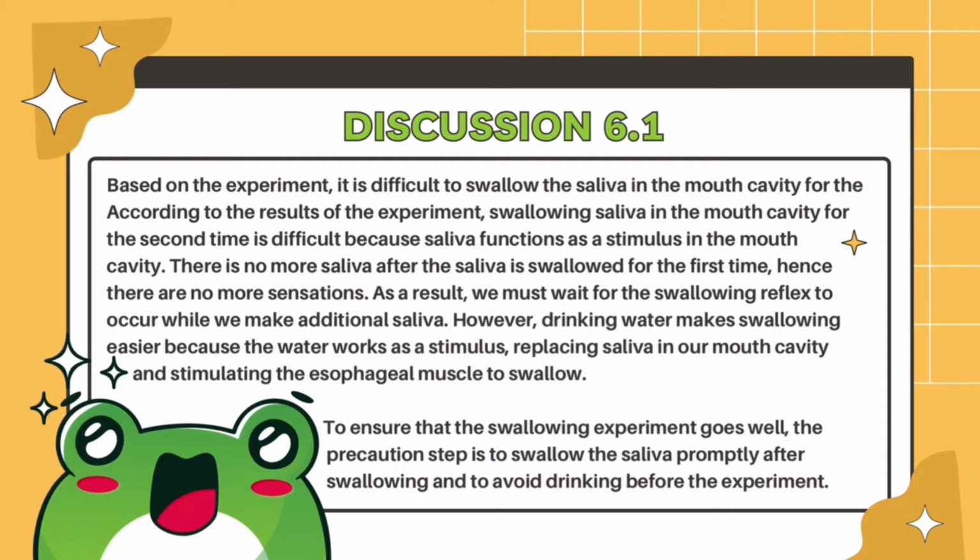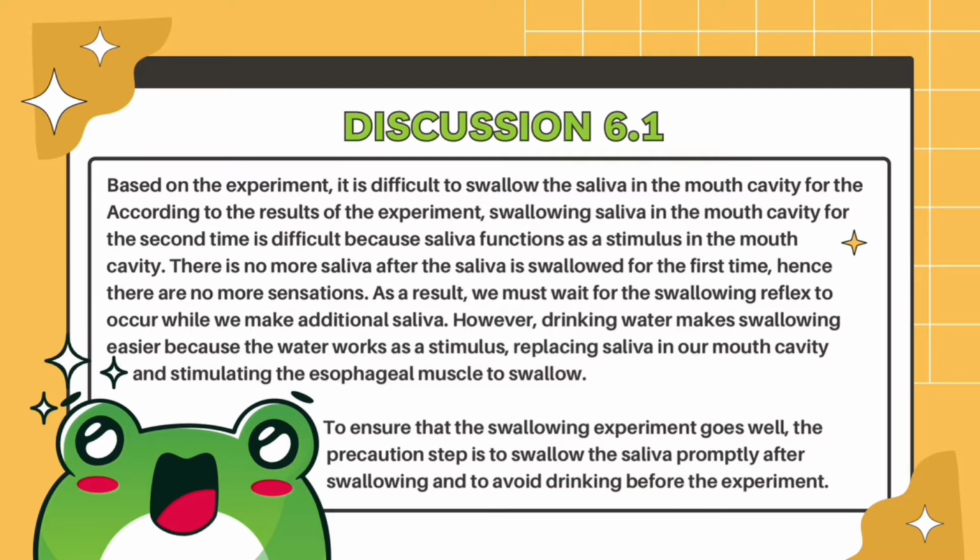For discussion 6.1, based on the experiment, it is difficult to swallow the saliva in the mouth cavity. According to the result of the experiment, swallowing saliva in the mouth cavity for the second time is difficult because saliva functions as a stimulus in the mouth cavity. There is no more saliva after the saliva is swallowed for the first time, hence there are no more sensations.